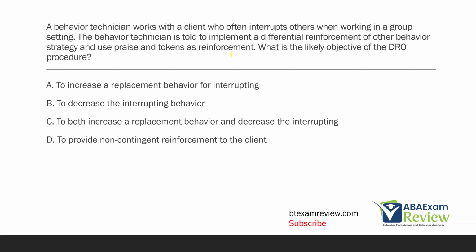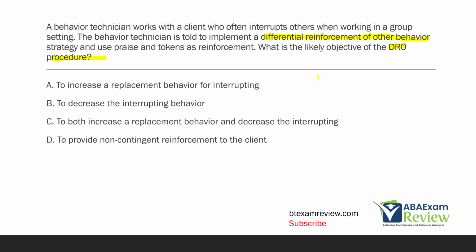A behavior technician works with a client who often interrupts others when working in a group setting. The behavior technician is told to implement a differential reinforcement of other behavior strategy and use praise and tokens as reinforcement. What is the likely objective of the DRO procedure? Now, we're looking at a DRO procedure, which is a differential reinforcement of other behavior intervention.